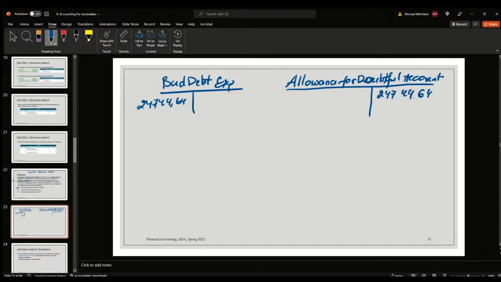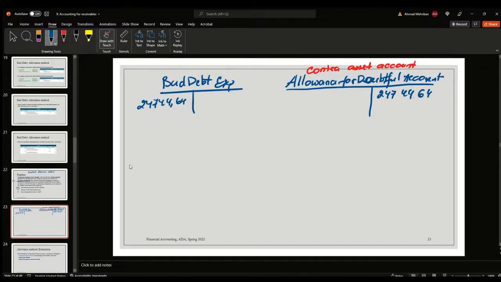This specific account, let me just write it down, is a contra asset account of accounts receivable. So this will be placed against the accounts receivable. Allowance for doubtful accounts, 24,744.64. So this part is only an estimation.